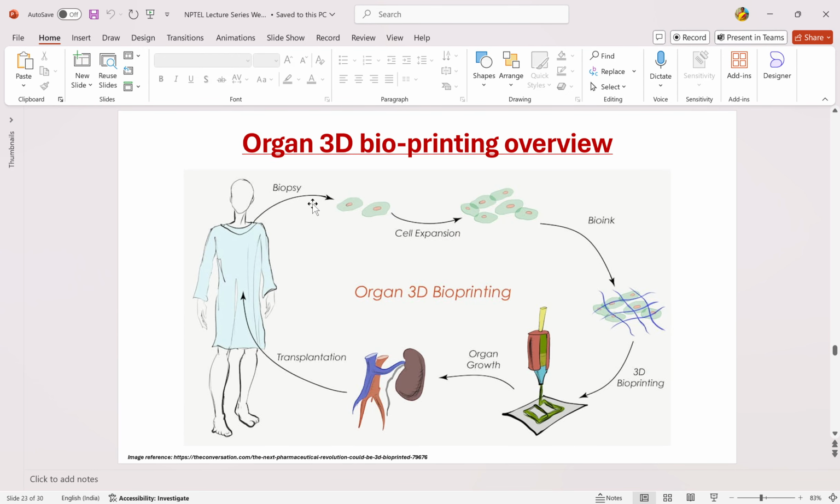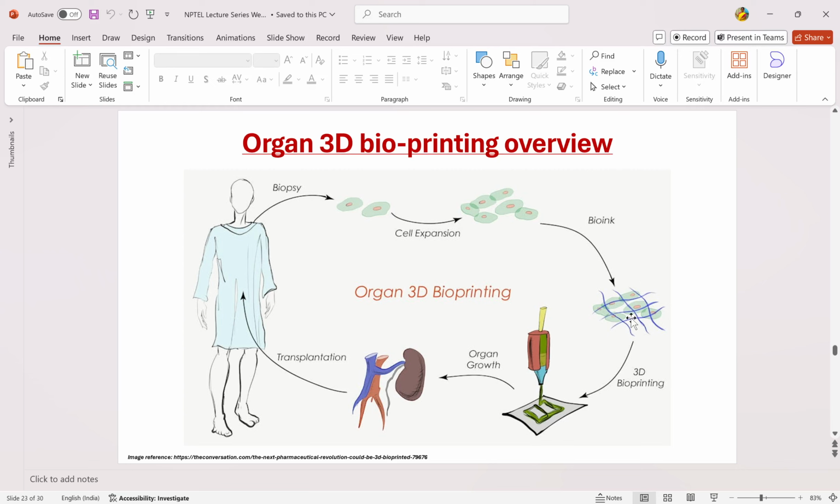So this is an overview of how 3D bioprinting happens. Basically, from the patients, you will take a biopsy, that is, you will isolate cells. Then you will grow the cells, cell expansion. Using those cells and the scaffold material, you will form a bioink. Then you will use the bioink.